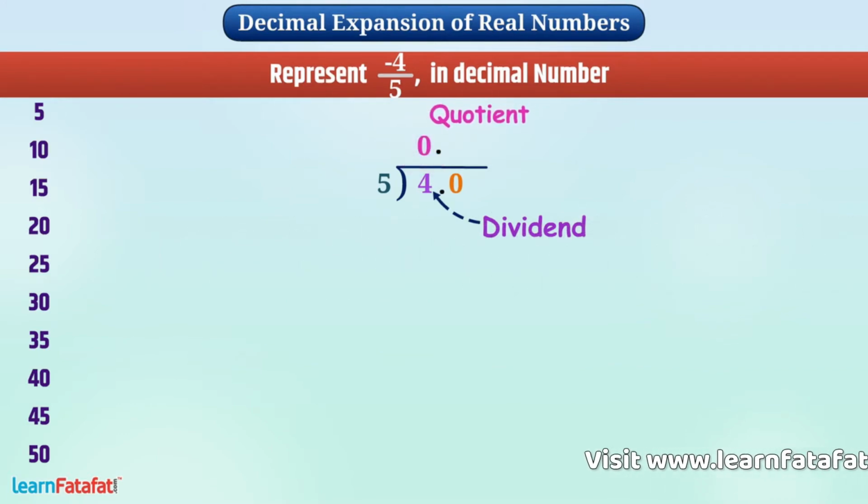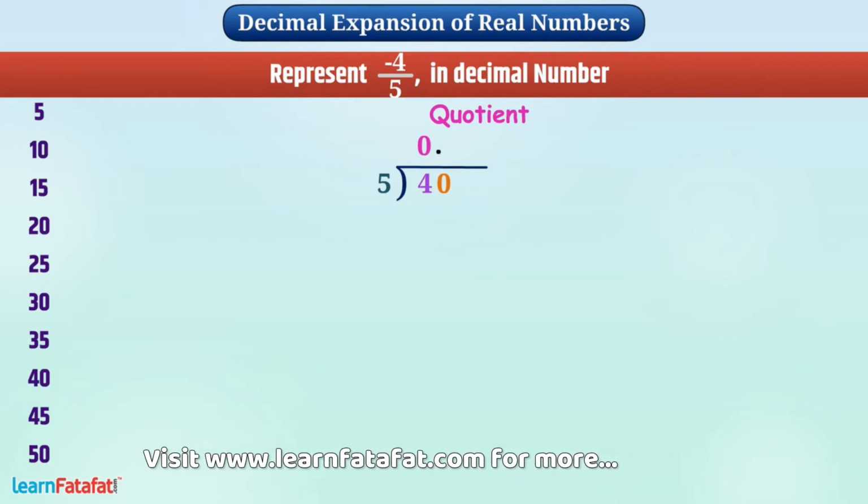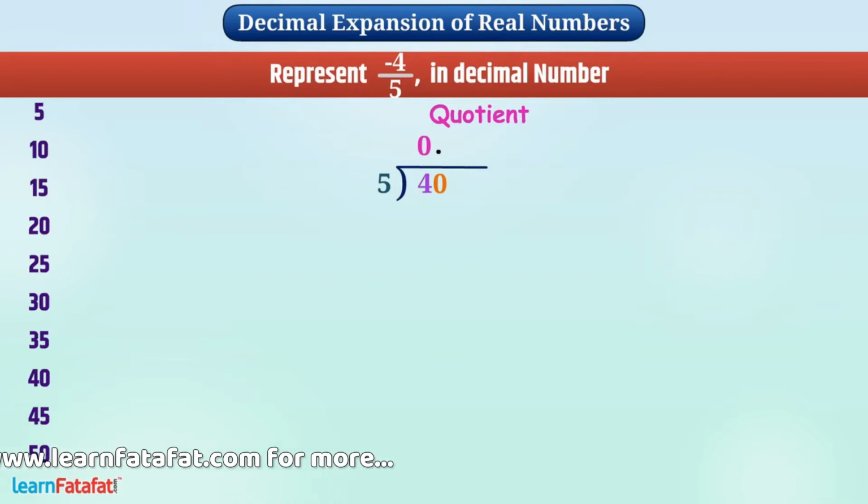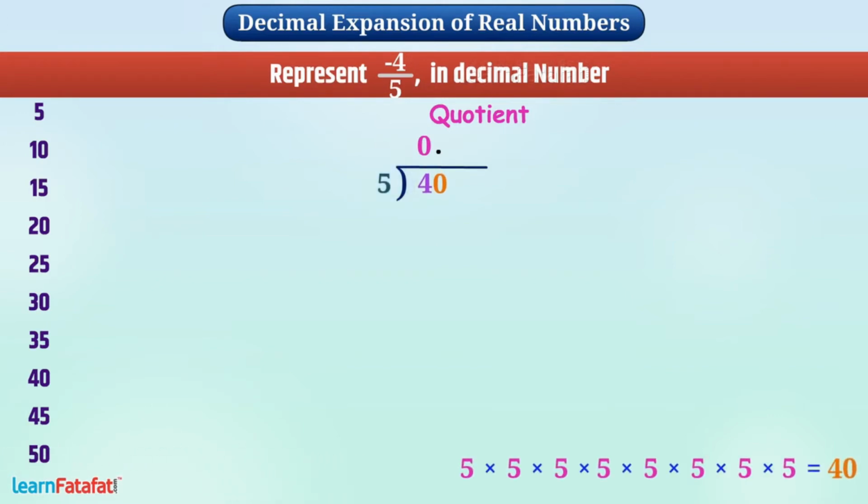Now, ignore the decimal point of dividend, so the number becomes 40. Now, we can divide 40 by 5 easily. 8 times 5 is 40. So, write 8 after the decimal point in the quotient and subtract 40 from dividend. By doing so, we get remainder 0.